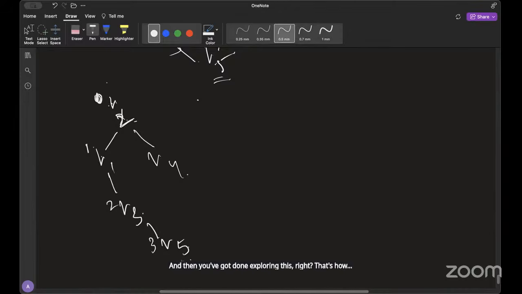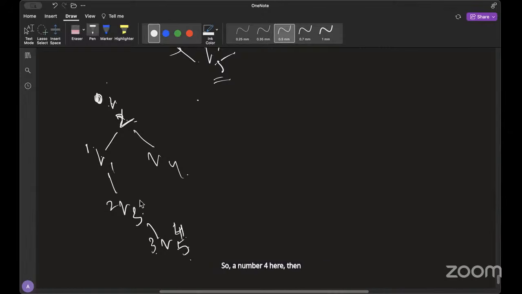That's the order of visiting the vertices and then getting done with exploring them. So this gets explored first, so the fourth number here. You put a post number here when you're done exploring that vertex, and a pre number when you're visiting that vertex. So a number 4 here.